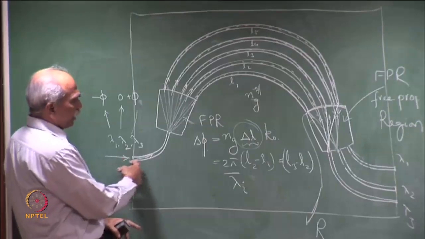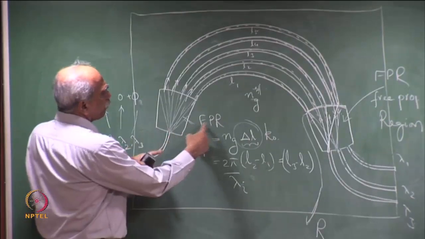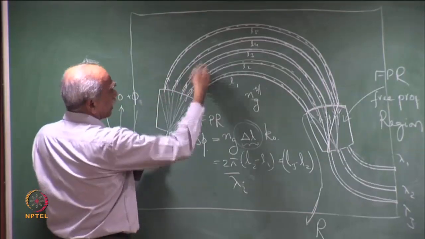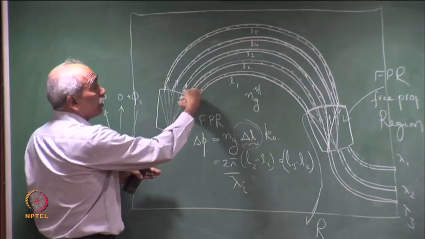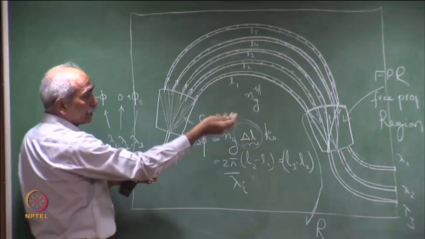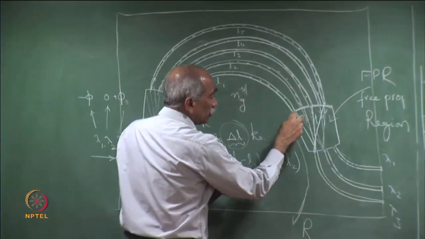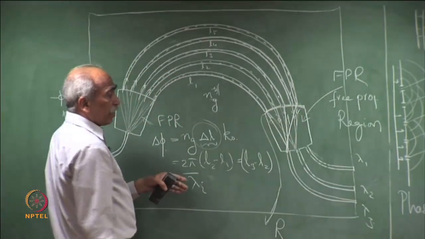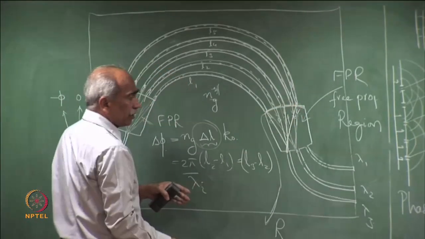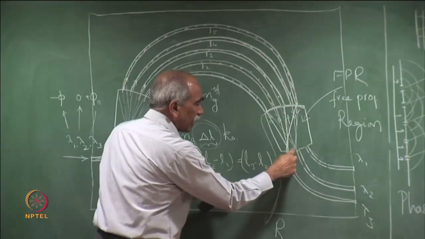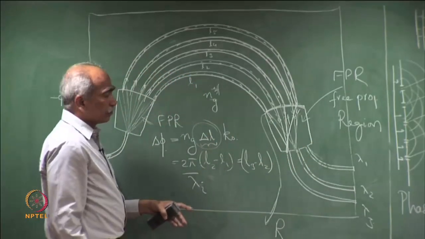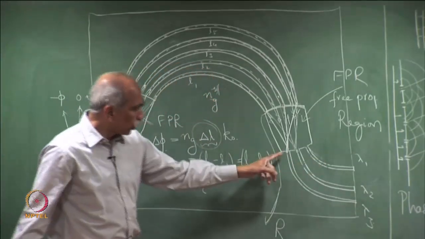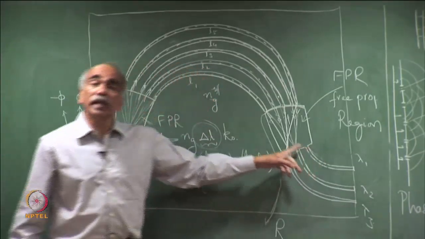So, the input here enters the free propagation region and diffracts. All the waveguides are carrying all the wavelengths. Here different wavelengths have different phase shifts, and therefore, accumulated phase is different, and therefore, they focus at different points. The output waveguides are then located at the appropriate positions.